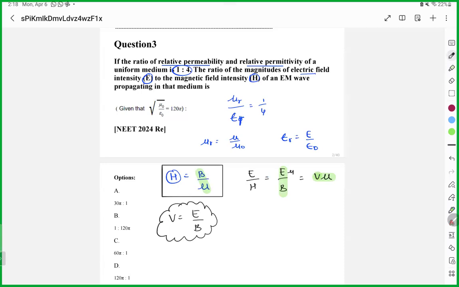Speed in a given medium is electric field by magnetic field.